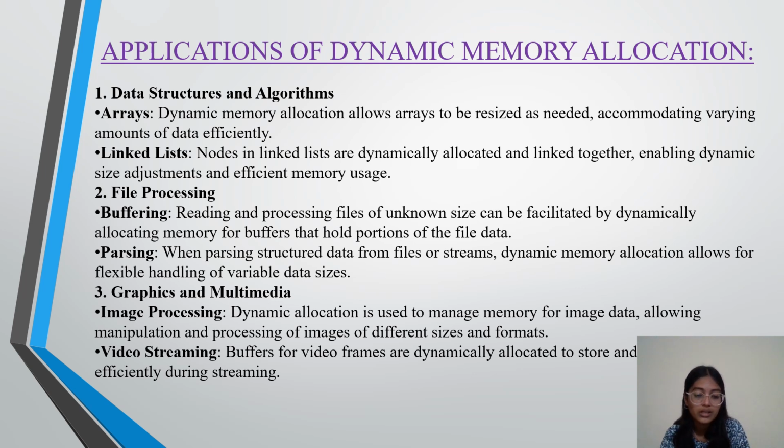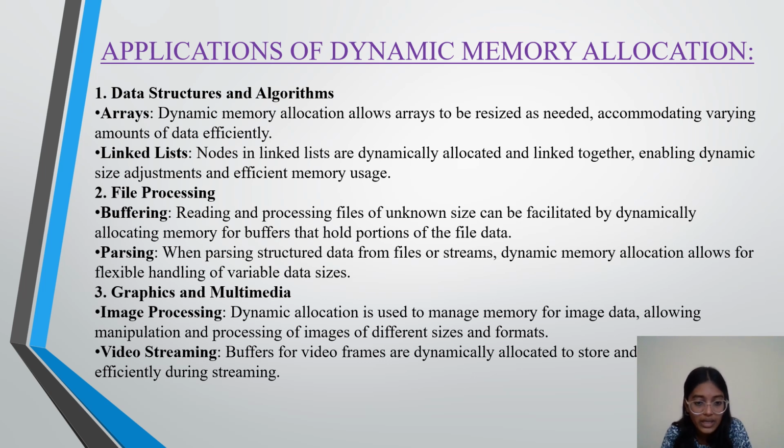In file processing, buffering and parsing, we are using it for reading and processing files of unknown size, and for parsing structured data from files and streams, we are using dynamic memory for flexible handling of variable data sizes.